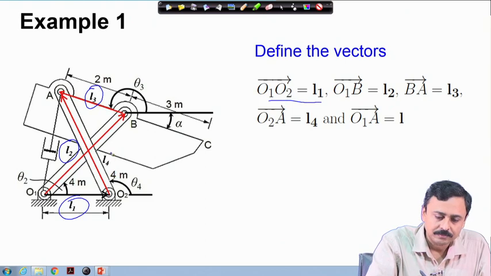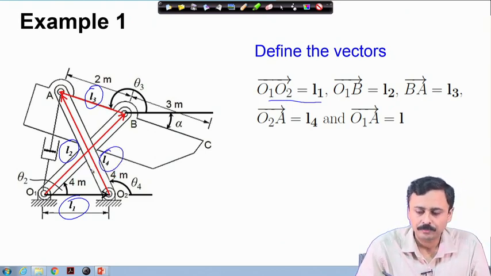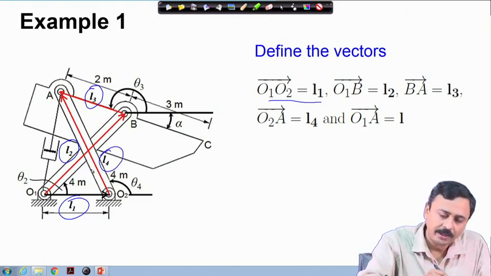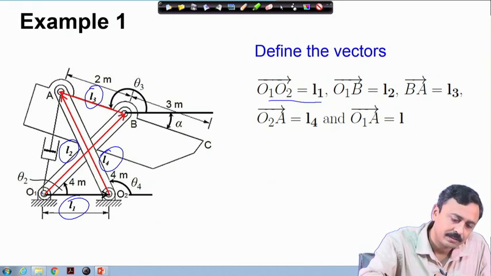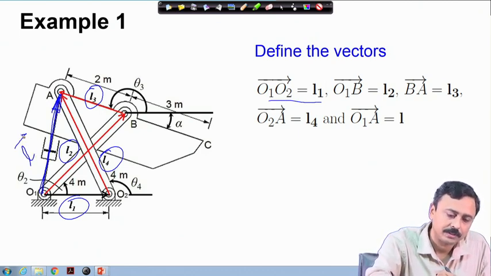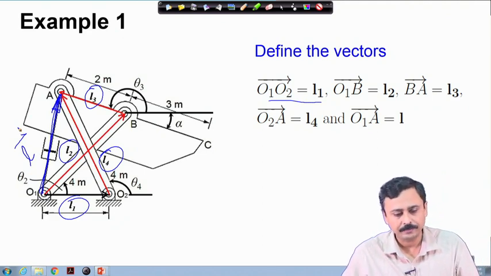O2A is L4 and O1A is L. O1A is this vector. So, this vector is the vector L.